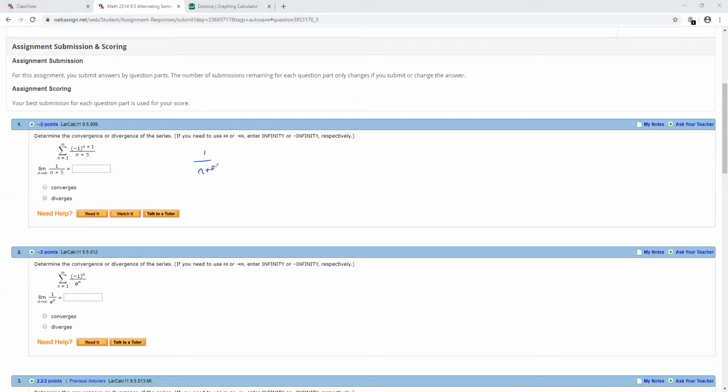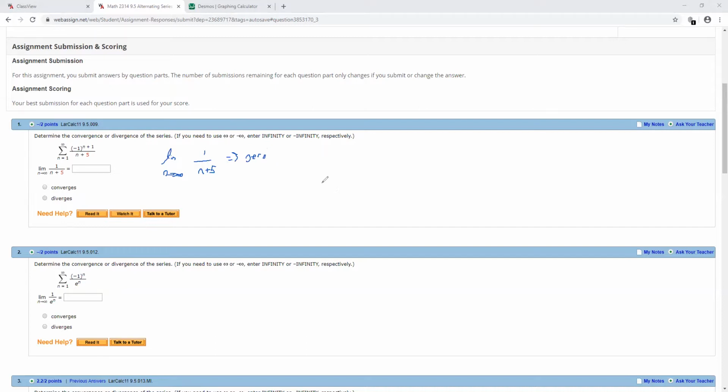And if we do the first step, which is to take the limit as n approaches infinity, what is 1 over infinity plus 5? It's infinity. What's 1 over a larger and larger number? It gets closer to 0. You're like, well, I ignored the negative part. We ignored the alternating part.